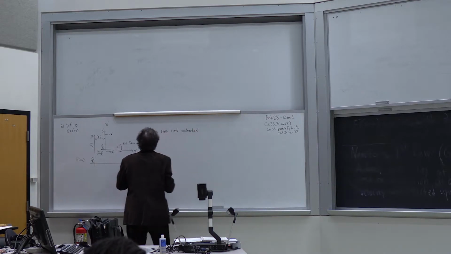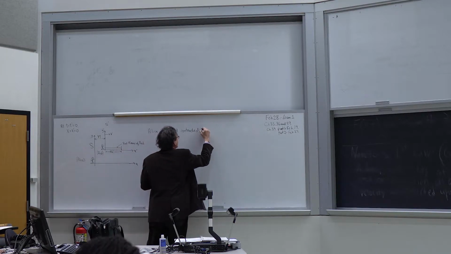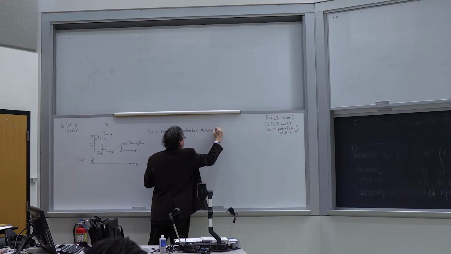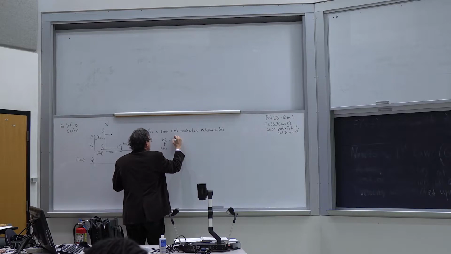and the relation between Alice's, we should say relative to Bob, the relation then was that the length of the rod that Alice sees was equal to the length of the rod that Bob sees.